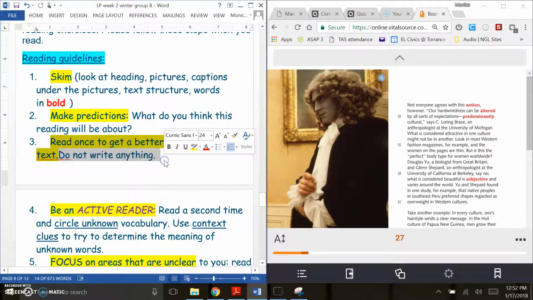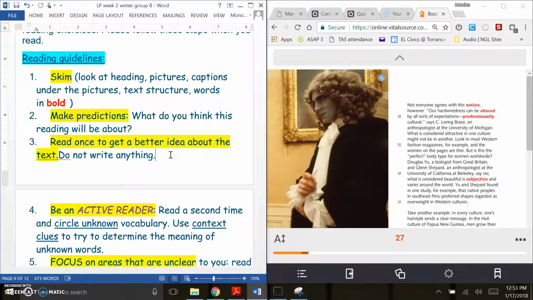And the third step is you're just going to read it one time, okay? And you're going to get a better idea about the text. Remember, please, it's not important to understand everything, okay? We want to get a general idea. It's not important to understand everything 100%.